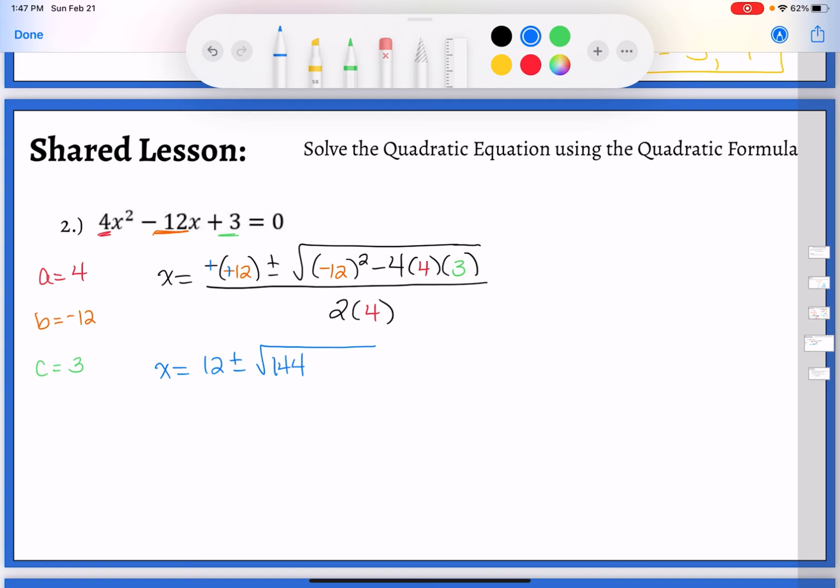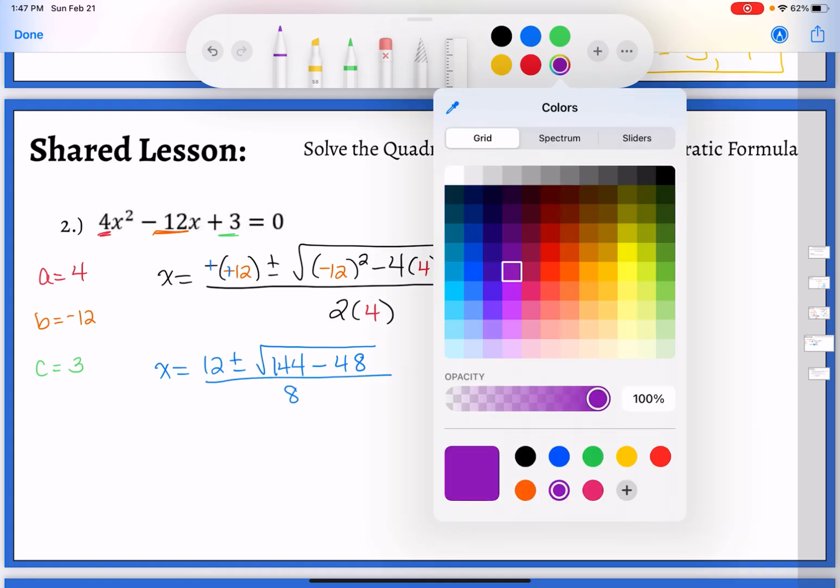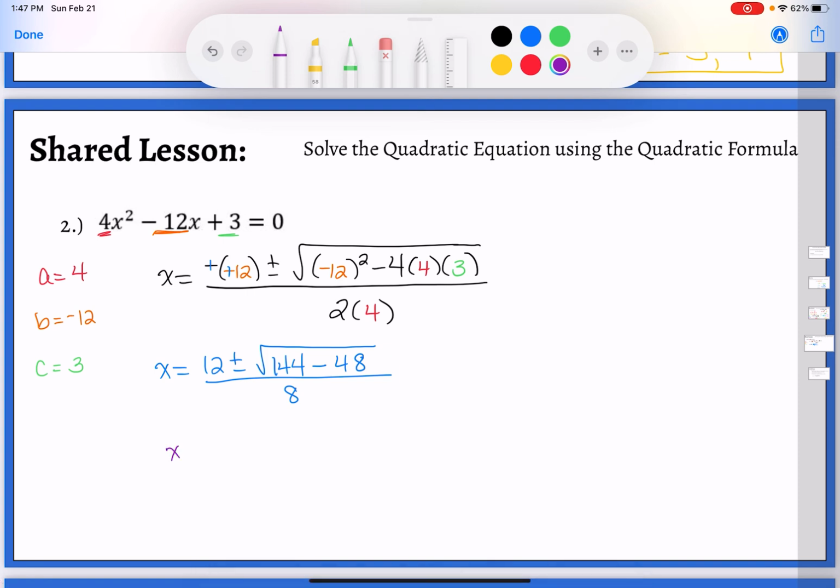So I only have one negative, so I'm definitely going to still be minus. 4 times 4 is 16. 16 times 3 is 48 going inside. And then on the bottom, 2 times 4 is 8. All right, x equals 12 plus or minus square root of 144 minus 48, which gives me 96 on the inside, divided by 8.